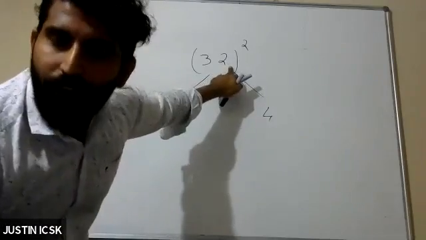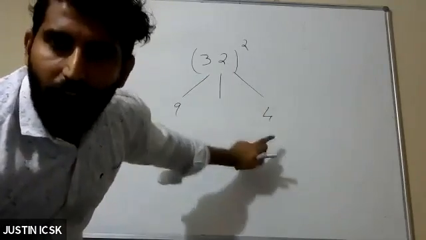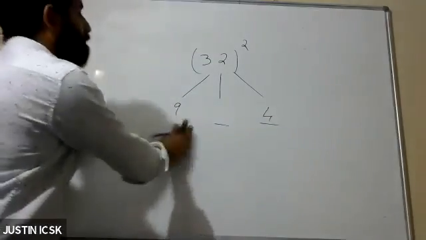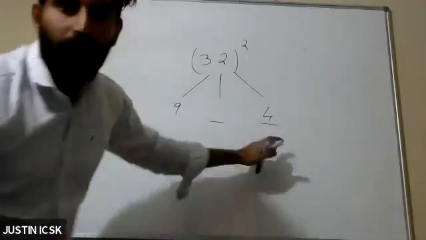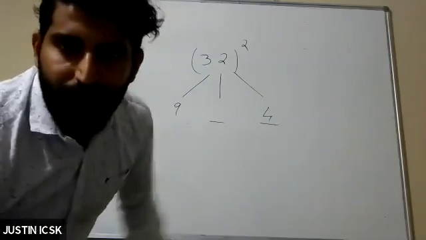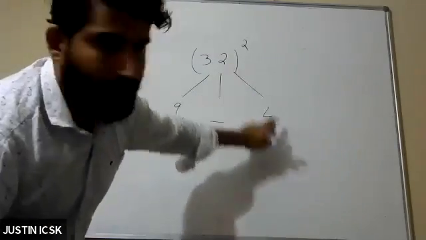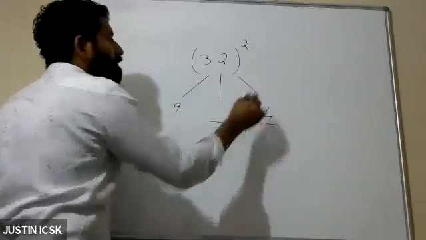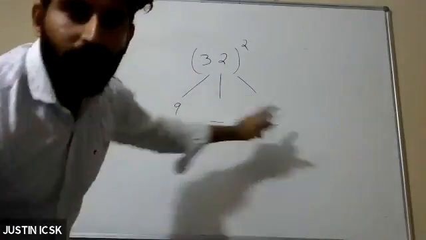Here 4 means no need to write 04, because it is already one digit. So always remember, whenever finding a square, just take the square of the first and last number.